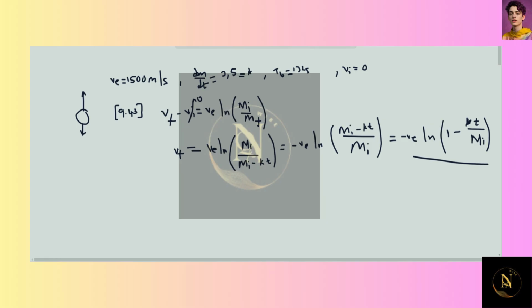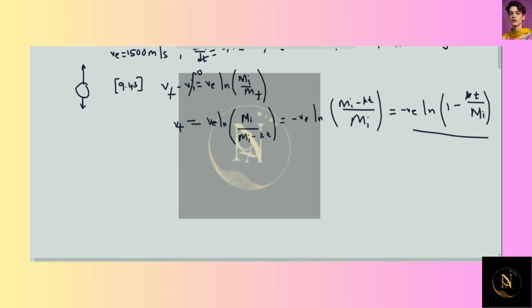And then they ask you to plot what that velocity would look like. So now you want to put in the numbers you were given. The last thing they give you is that the initial mass was 360 kilograms.